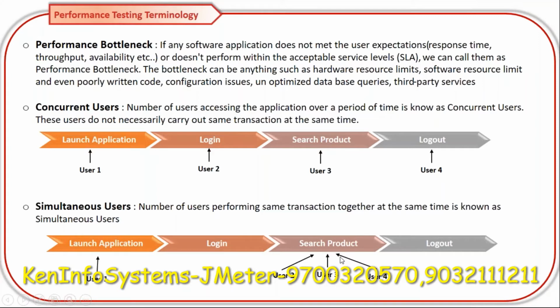User 4 is also doing search product. Here, all these 3 users are simultaneous users, not user 1. We can say users 1, 2, 3, 4 are concurrent, but 2, 3, 4 are simultaneously doing a product search, so we call users 2, 3, 4 simultaneous users. I hope it's very clear.